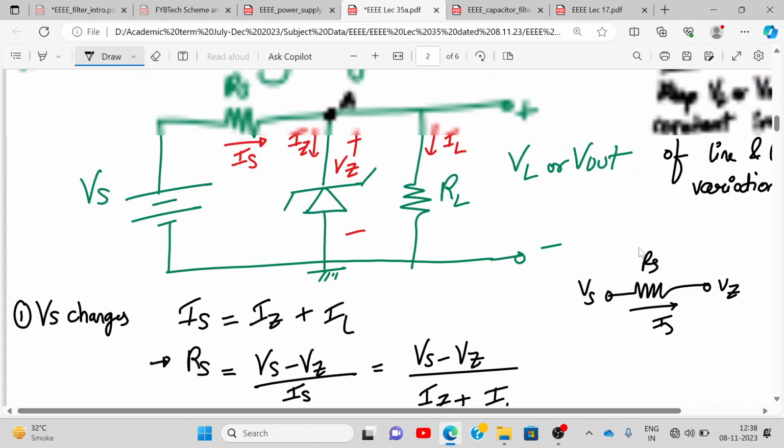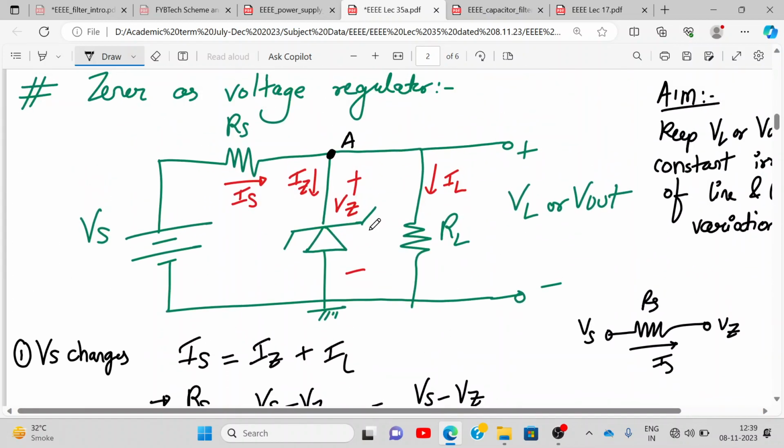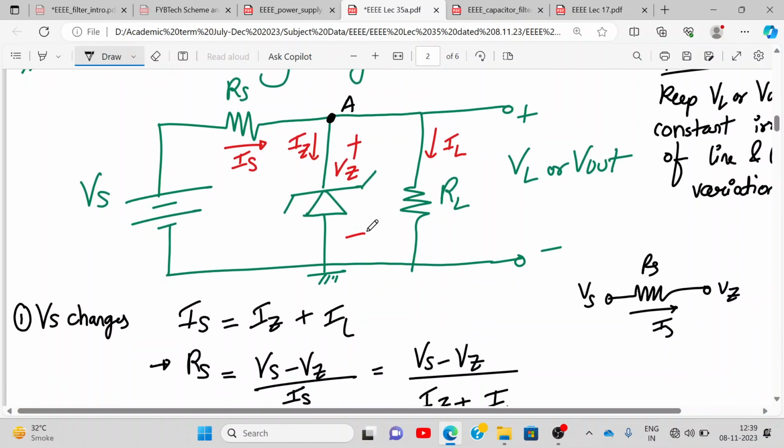Okay. Now, for proper operation, the Zener diode should be in reverse bias. So for that, what you would require is that my Vs voltage should be greater than Vz. Why? Then only it will be in reverse bias, right? And if this is 10 volt, then this will be 7 volt. Why?